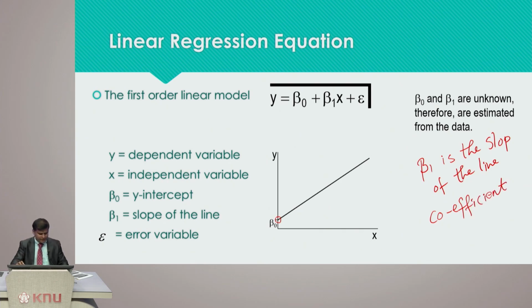So we can calculate this coefficient. Suppose you have a value in x here, and then you ought to predict the corresponding value there. So you can project it to this linear line that we have.